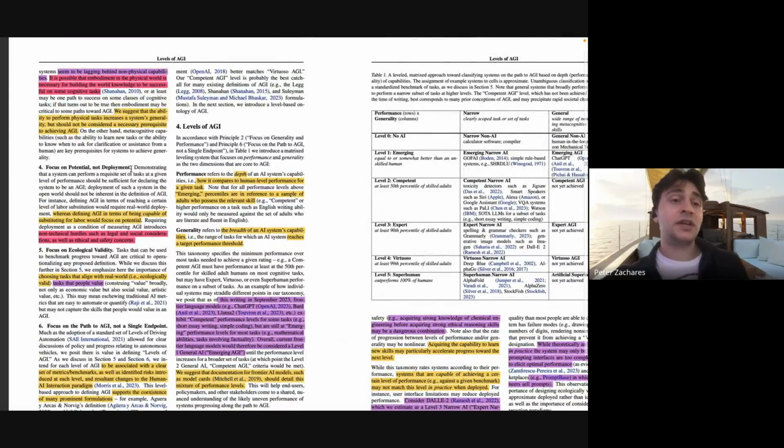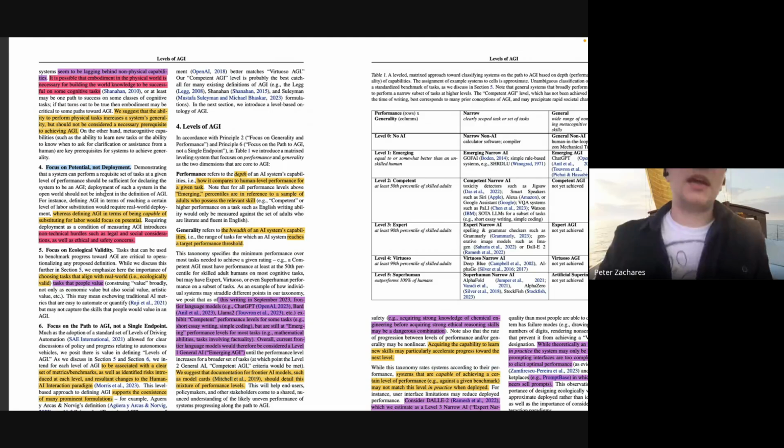Focus on potential and not deployment. This one I go back and forth about. I can see why they're suggesting this, but I also think, can we really measure performance through potential and not deployment? So here they're saying we shouldn't deploy systems to figure out whether they work.